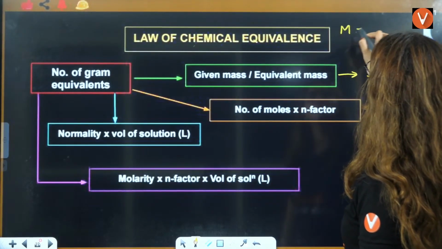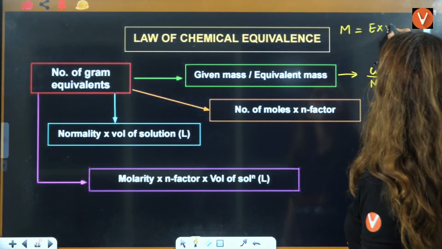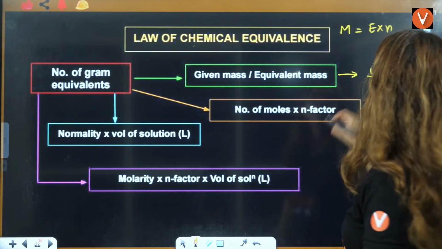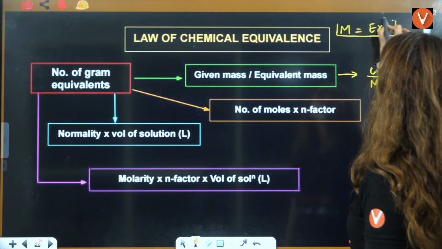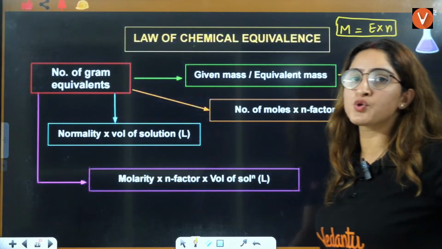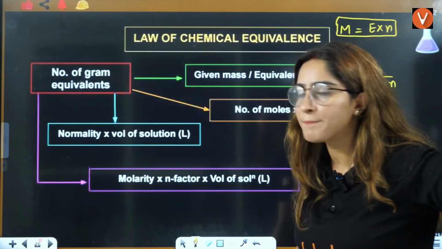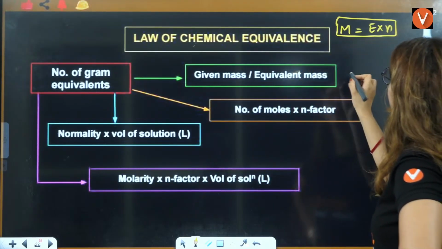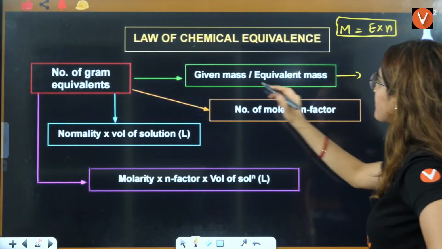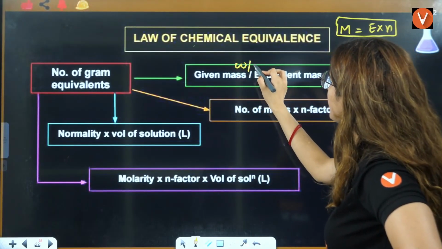My bad, it is that molecular weight equals equivalent weight into n factor. So if you put this here, given mass, which I am representing by W, this is W by E.